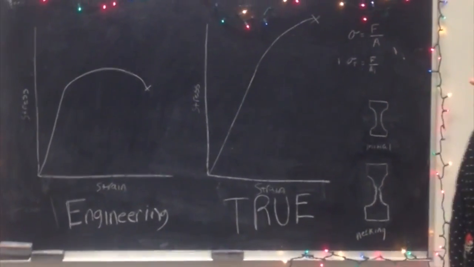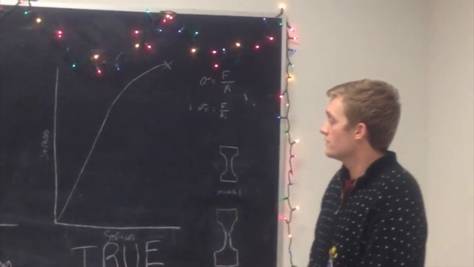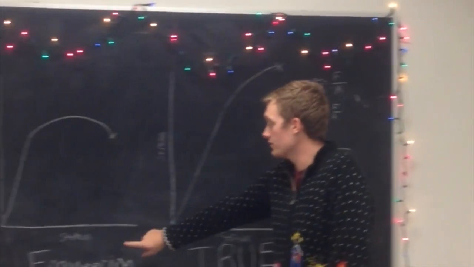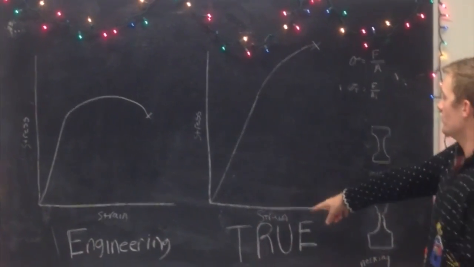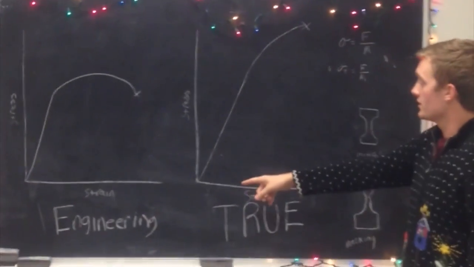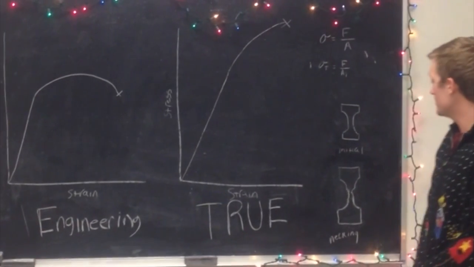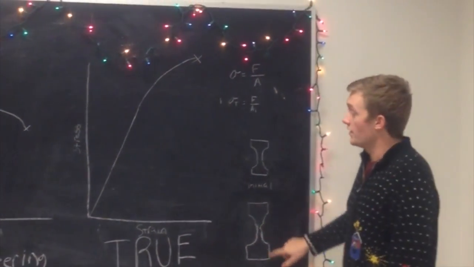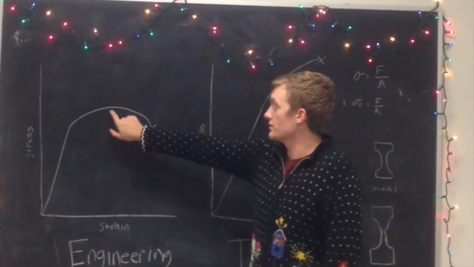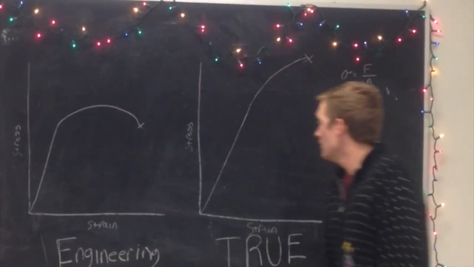Okay, so we have two different types of stress strain curves. The one we're most comfortable with is the engineering stress strain. The difference between this and true is the engineering stress strain curve does not take into account the instantaneous area of the cross-section that occurs during necking. As discussed previously, necking occurs at the ultimate tensile strength.